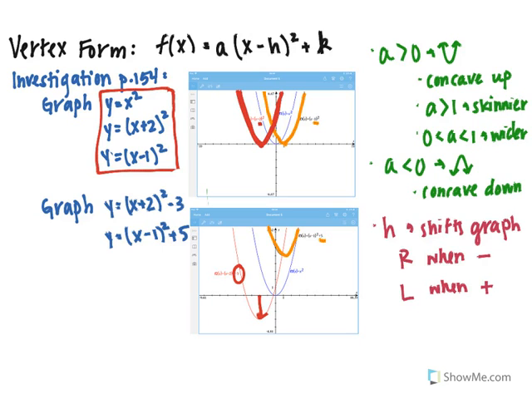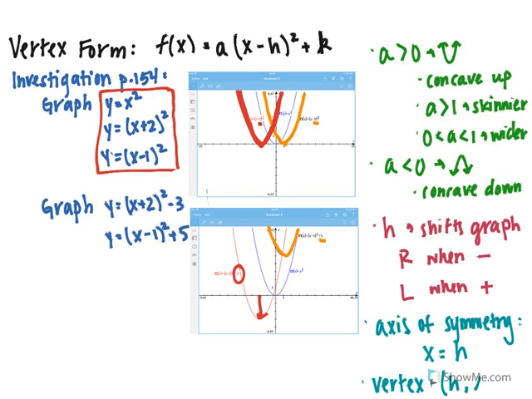And our axis of symmetry, because it goes right down the middle of our graph here, actually equals h. So remember, it's just going to be the opposite of the h value we see in the parentheses there. And our k value shifts our graph up or down. So our vertex actually ends up being at the point h, k.